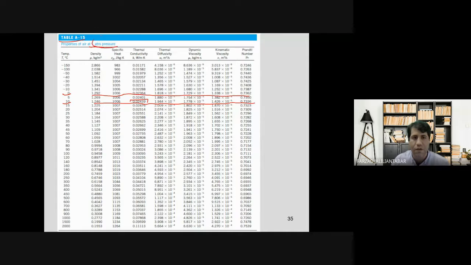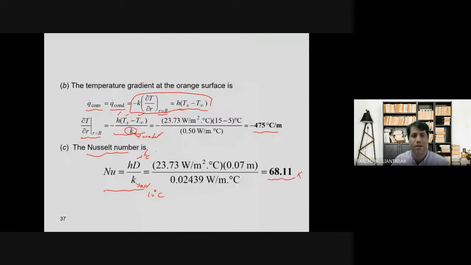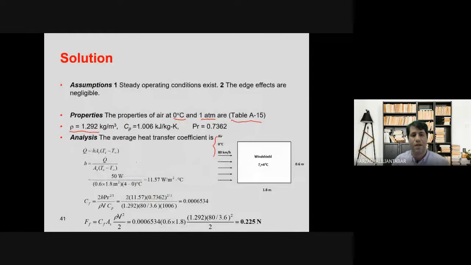Simply you can find them for the air at this pressure. So these properties, rho, Cp, and Prandtl. How about the information which we need? If you remember this equation in the previous example, the drag force can be calculated by F equals Cf As rho V power 2 divided by 2.